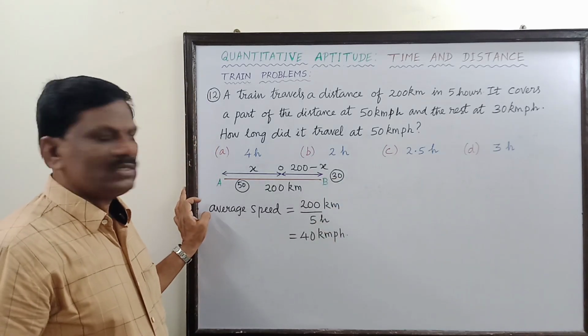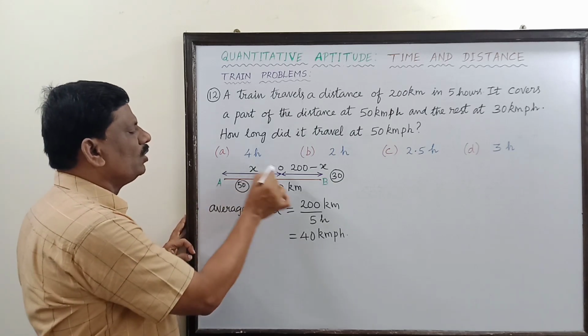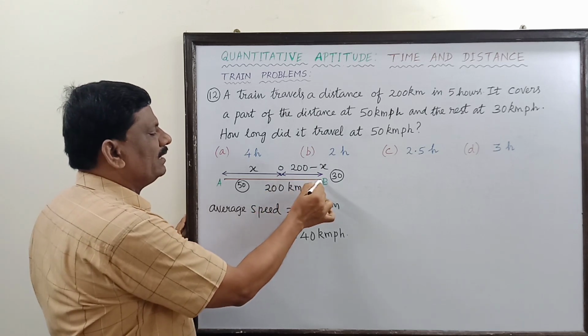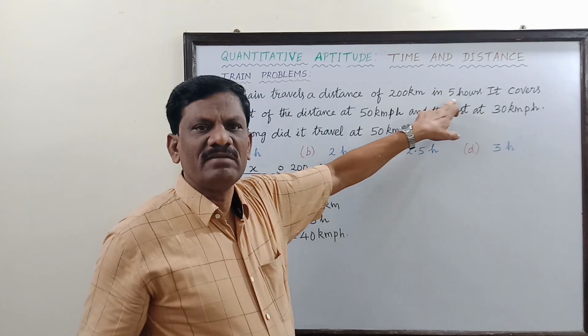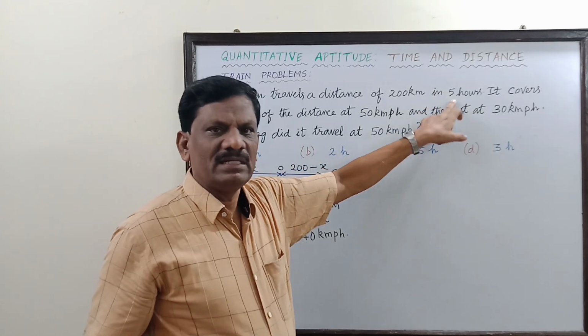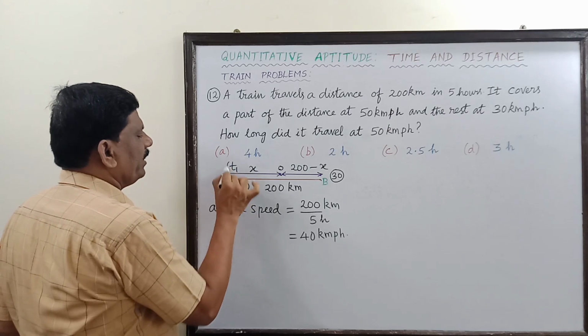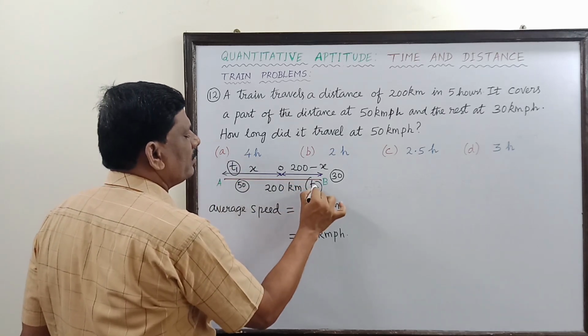Understand that? So the time taken to travel from A to O plus the time taken to travel from O to B, total time is how much? 5 hours. Understand that? So here it is traveling for a time T1 and here it is traveling for a time T2.